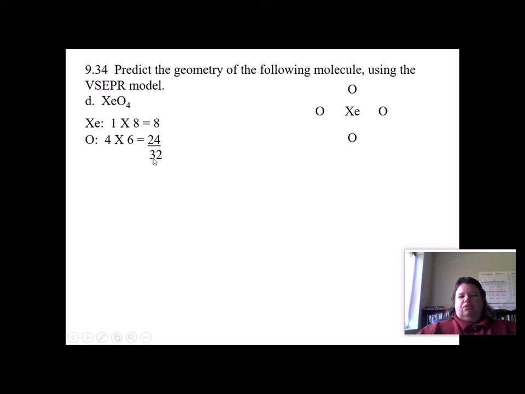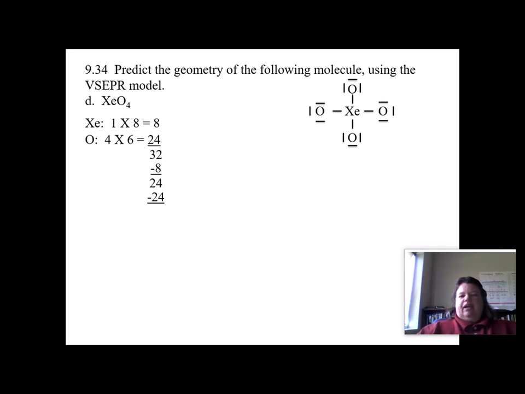That leaves me 32 to start with. I put in 4 bonds, which used up 8 electrons. That leaves me 24 electrons. Then I count my outside pairs as I go: 2, 4, 6, 8, 10, 12, 14, 16, 18, 20, 22, 24. I'm out of electrons, so that structure is done.